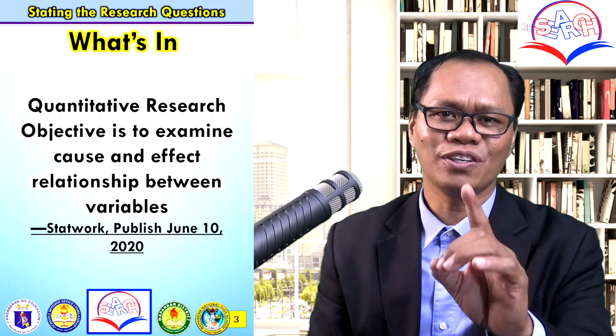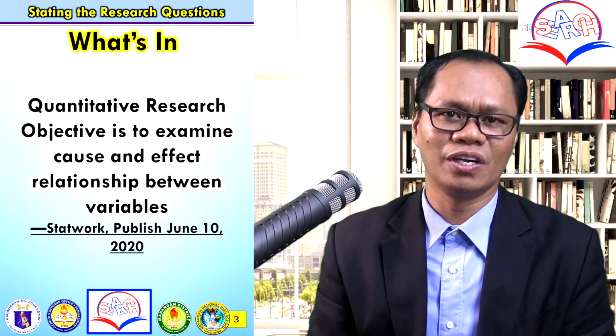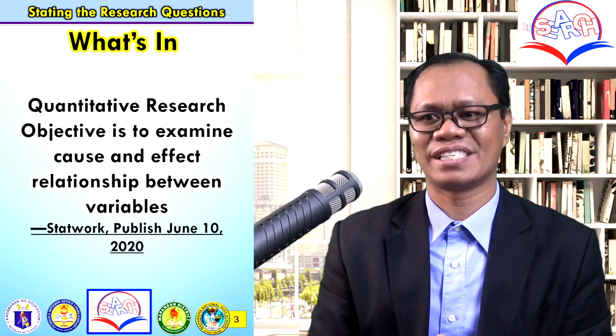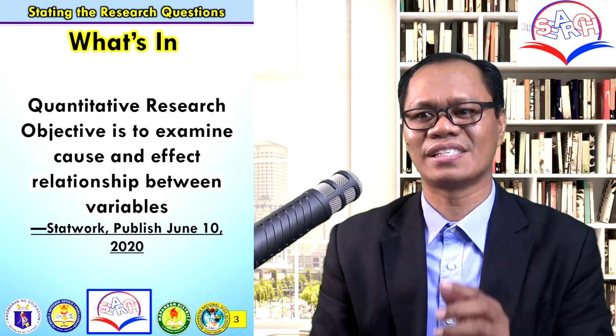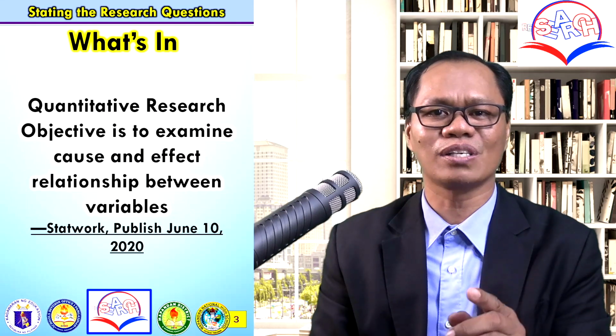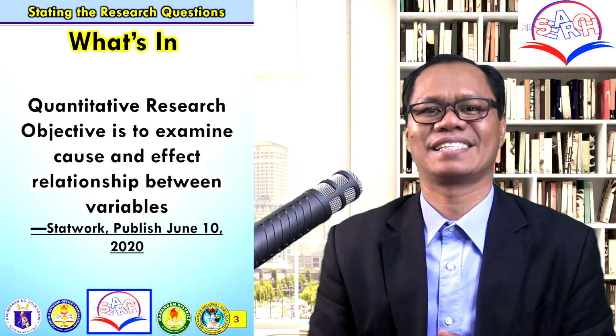But before you state your research questions in the statement of the problem, you must first learn the steps in hitting the objectives of your study. In quantitative research, according to StatWork, our objective is to examine the cause and effect relationship between variables.